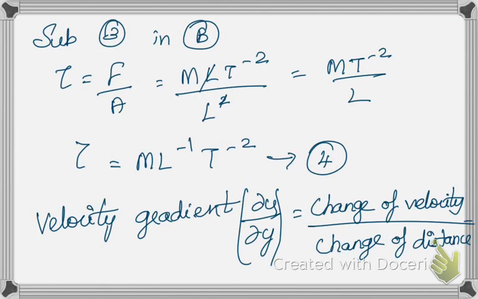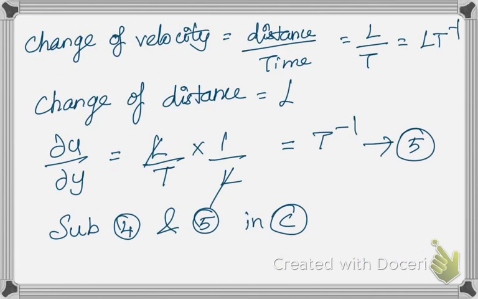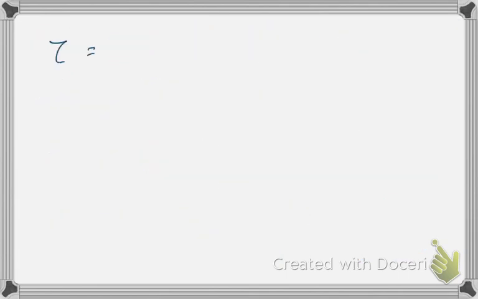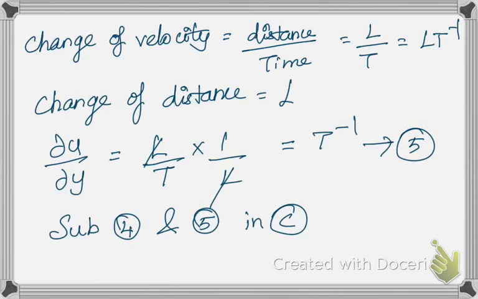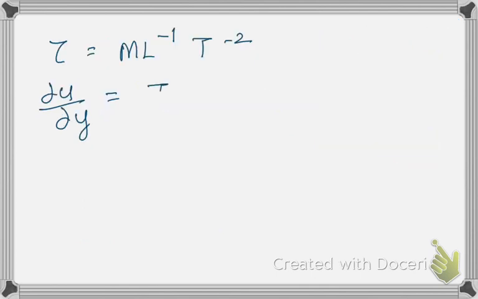Fourth equation is tau is equal to m L power minus 1 t power minus 2. And fifth equation is dou u by dou y is equal to t power minus 1. So tau is m by L t square, and this is 1 by t.